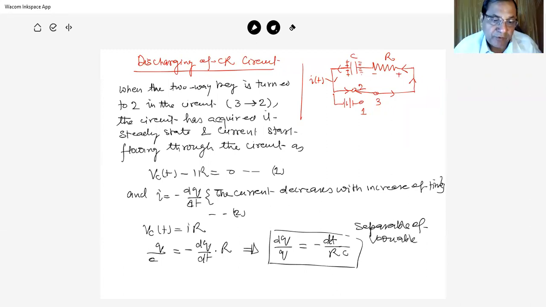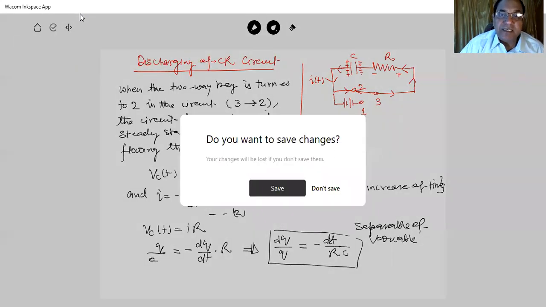This is separable of variable. Now we have to integrate it.